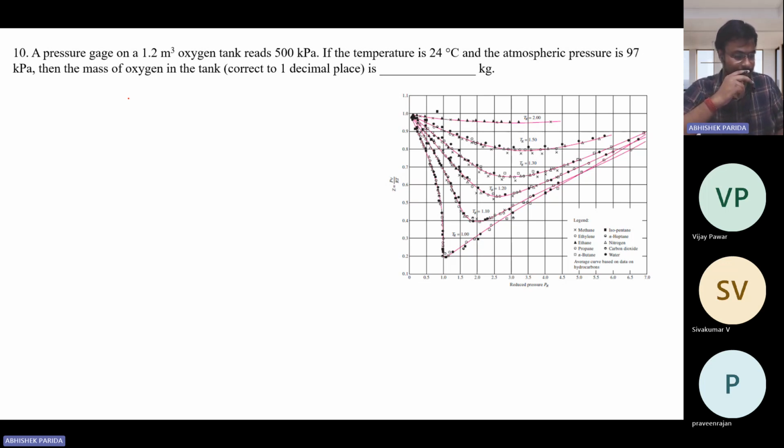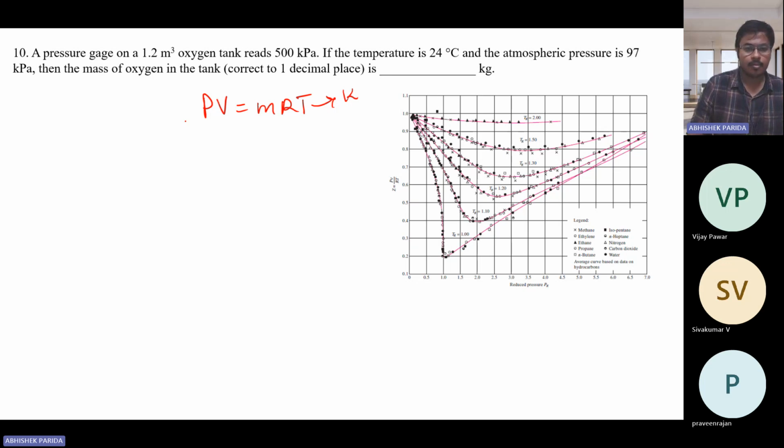I can understand that in ideal gas, PV is equal to mRT. I hope you all know. T is in Kelvin, P is absolute pressure. Always try to remember this, absolute pressure.